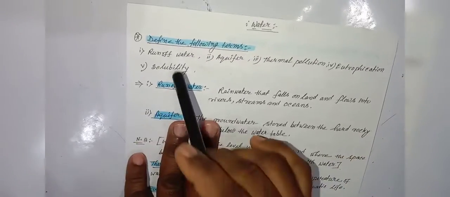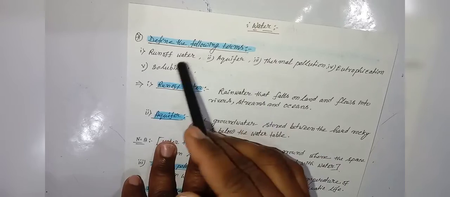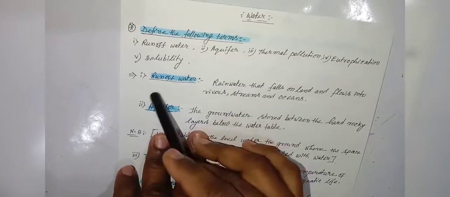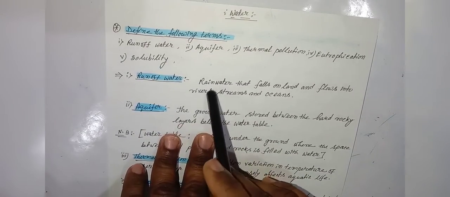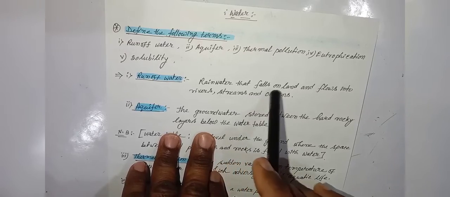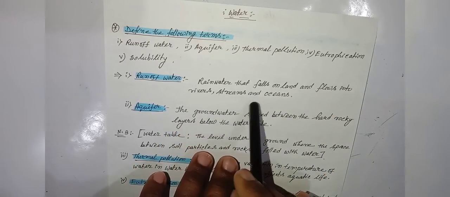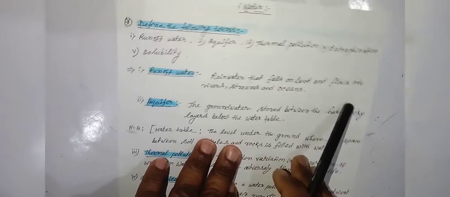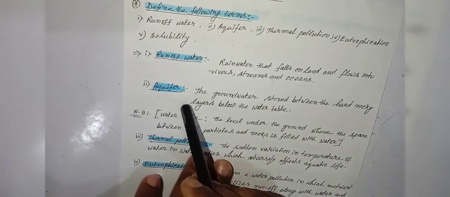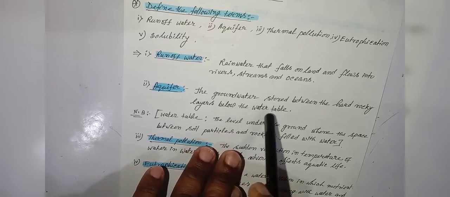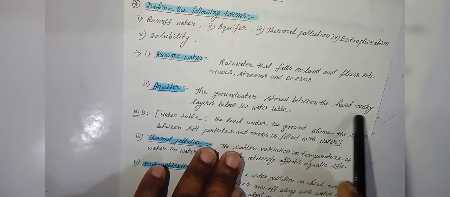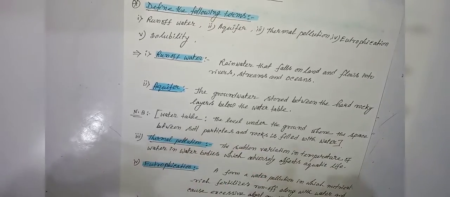Next item, define the following terms. At first, runoff water. Runoff water is the rain that falls on land and flows into rivers, streams and oceans. Next item, aquifer. The groundwater stored between the hard stone layers below the water table.